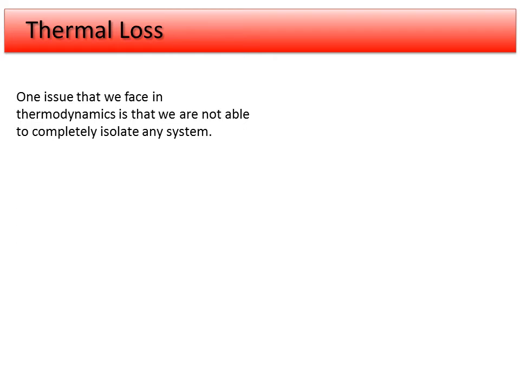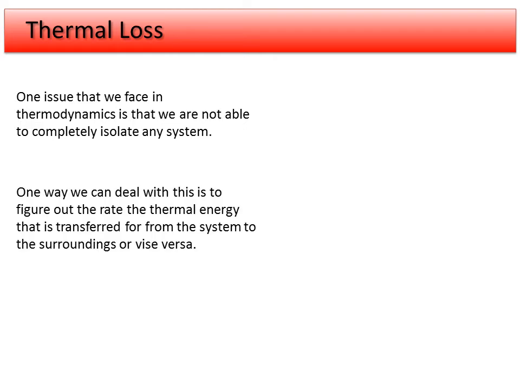Well, what we're going to do is look at how we can deal with thermal energy from one system to the surroundings, or from the surroundings to the system. And the way we're going to deal with that is we're going to look at the rate of transfer of this energy.